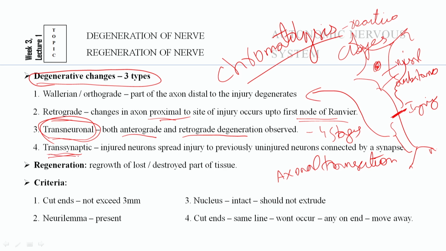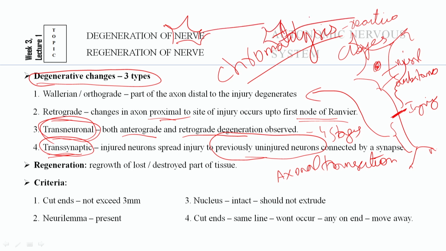Then next will be the transsynaptic degenerative changes. In this, the uninjured neurons which are present next to the injured neurons get the damage transferred or spread to them. Like, this is one neuron and this is another neuron.